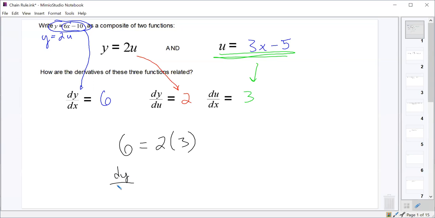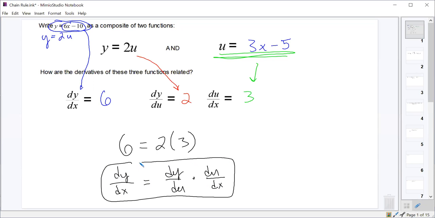You have found that the derivative of a function with respect to x is equal to the derivative of that function in terms of u times the derivative of u in terms of x. This right here is the chain rule. The chain rule helps you to take the derivative of a composite of 2 functions.